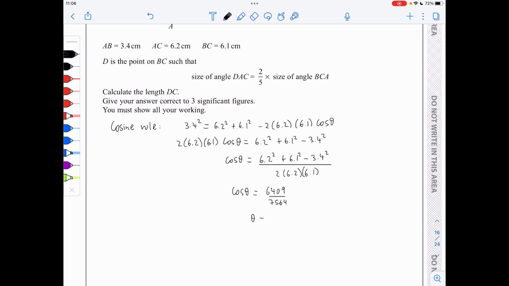And so theta will be shift cos of this, which turns out to give a value of 32.0804... Notice that I give more accuracy than the 3SF that I need to end up with.